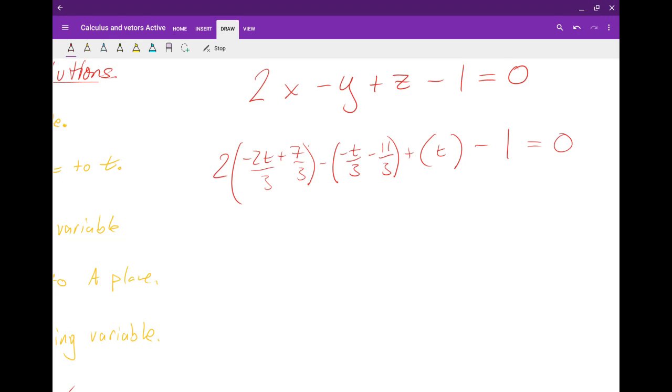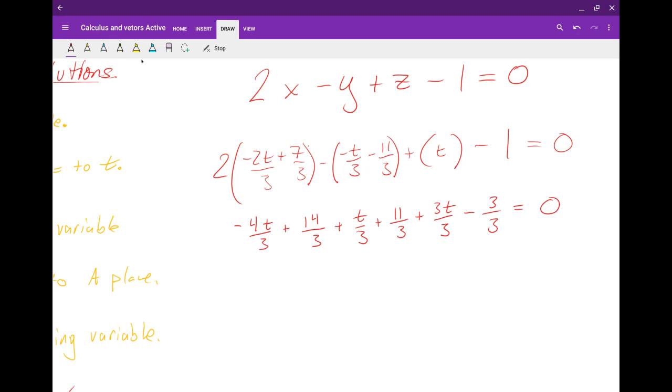Let's see here. This 2 distributes in like this, and so I'm going to get a negative 4t over 3 plus 14 over 3 plus t over 3 and plus 11 thirds plus 3t over 3 minus 3 over 3. I went ahead and got a common denominator of 3, because all these guys are in 3s here.